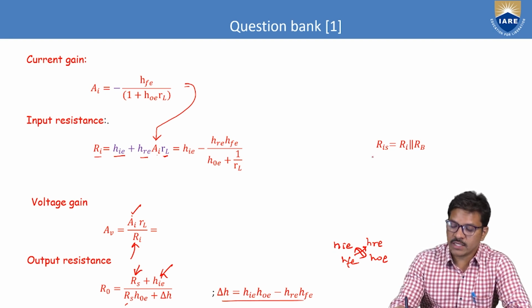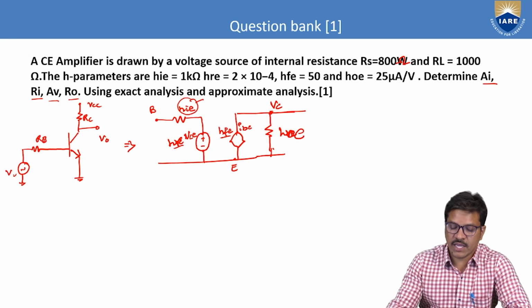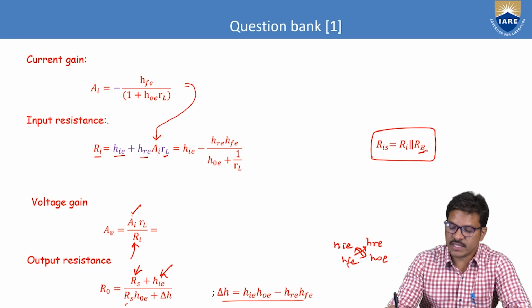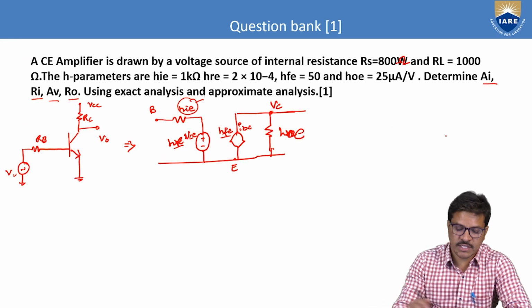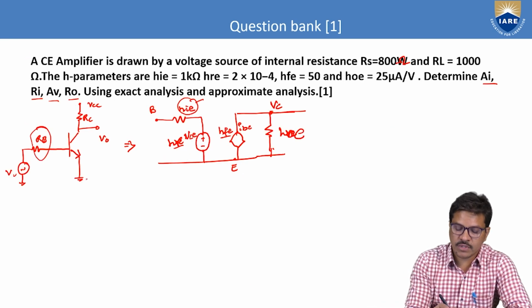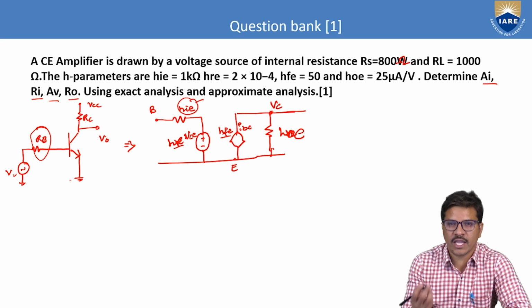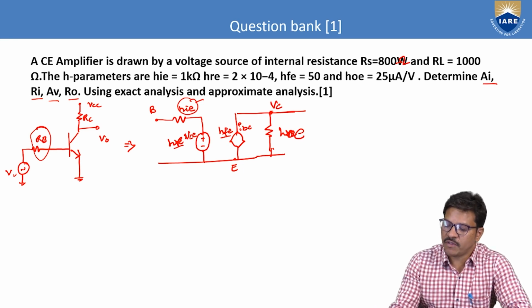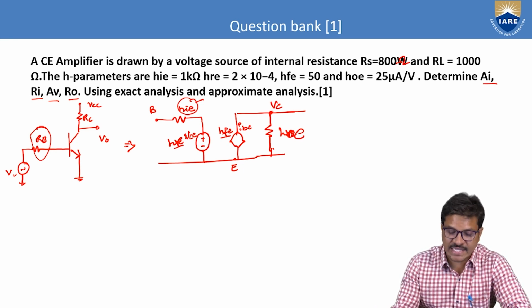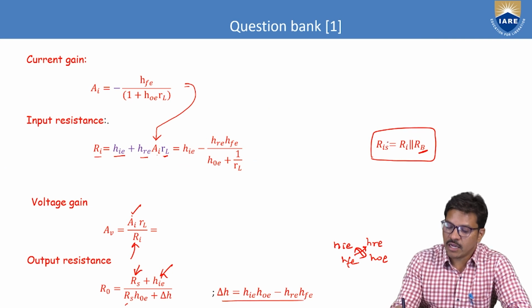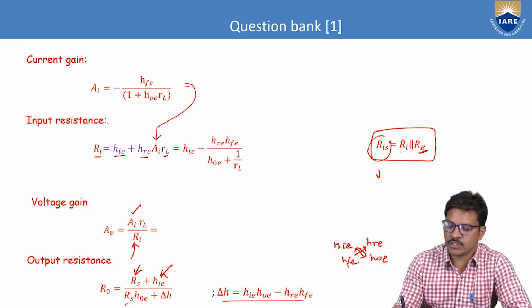So what is this RIS? Basically, some problems consider the base resistance as well. Sometimes the problem has not given the base resistance. If the problem has not given the base resistance, the input resistance with the source is equal to Ri only, so RIS is equal to Ri.